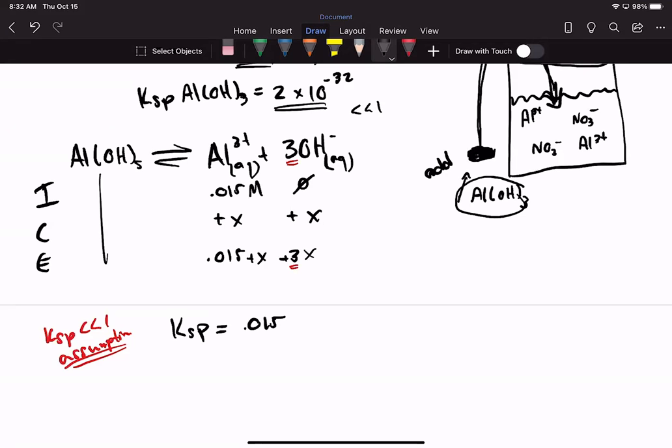0.015 times 3x to the third. Well, we know what the KSP is already. So our KSP, 2 times 10 to the minus 32, is equal to 0.015 times 3x to the third. So we divide this by 0.015.